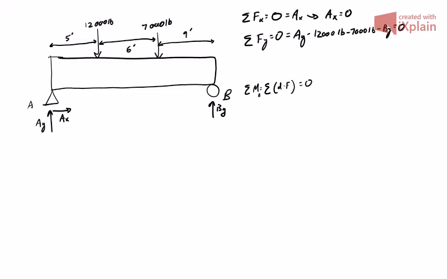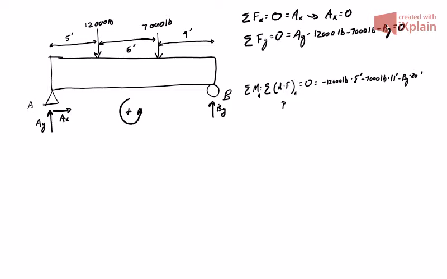We're going to sum moments around point A. Sorry, I'm defining counterclockwise rotation as positive. So that's negative 12,000 times 5 feet minus 7,000 pounds times 11 feet plus BY times 20 feet.